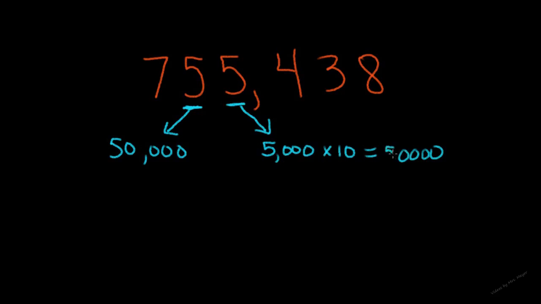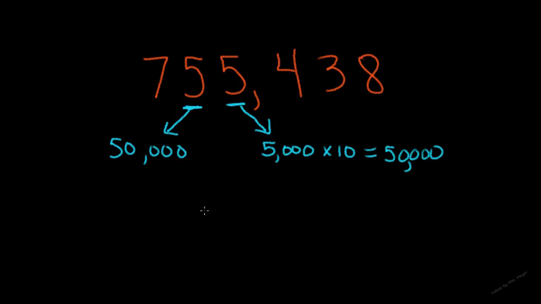And then I would have left 1 times 5 is 5. So I can see if I make 5,000 10 times greater, it's going to equal its counterpart to the left, 50,000. So the basic concept the students should get from this standard is that each time we move one place to the left, that place is 10 times greater than its counterpart to the right.